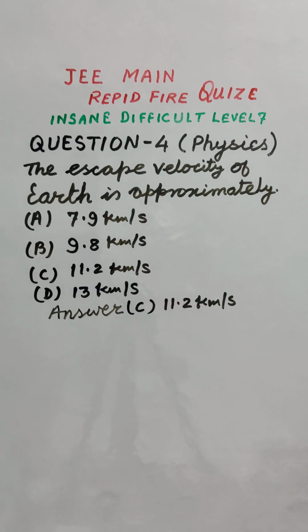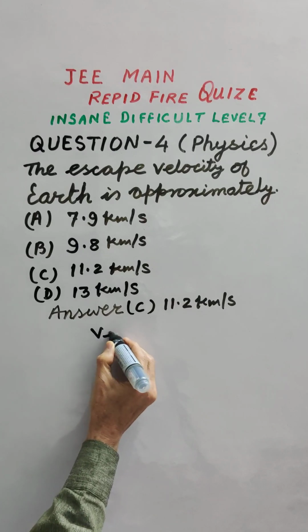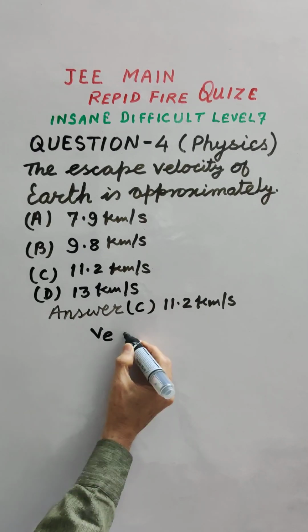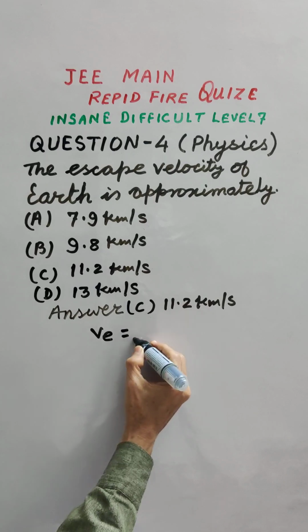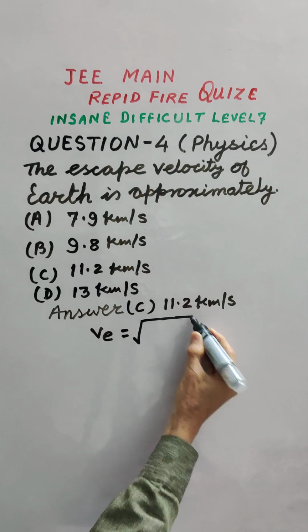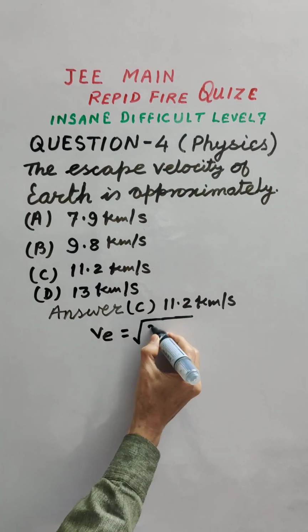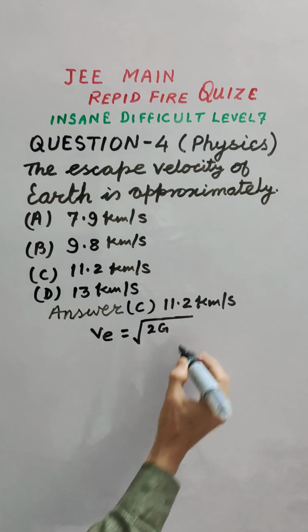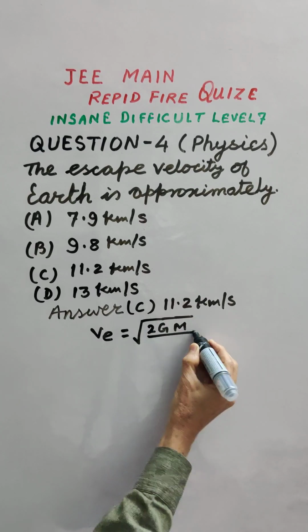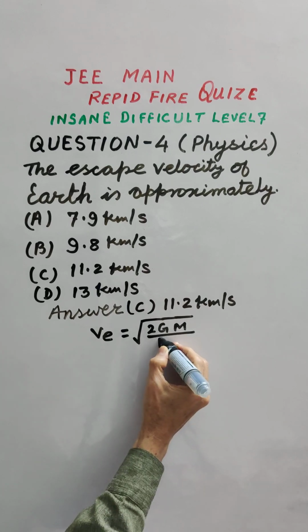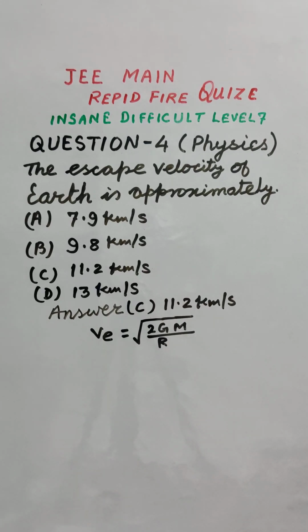How it is, I will tell you. You can calculate by using the formula: VE is the square root of 2GM upon R, where G is the gravitational constant, M is the mass and R is the radius of the planet.